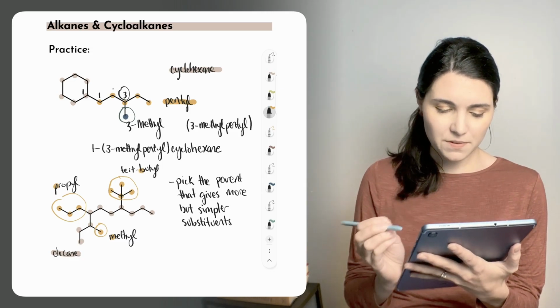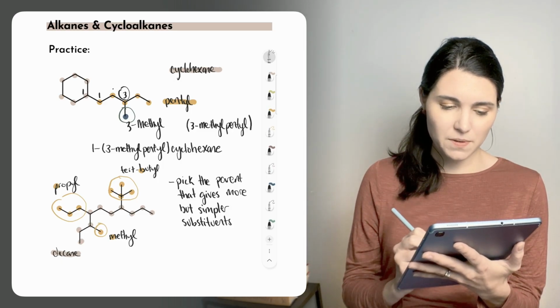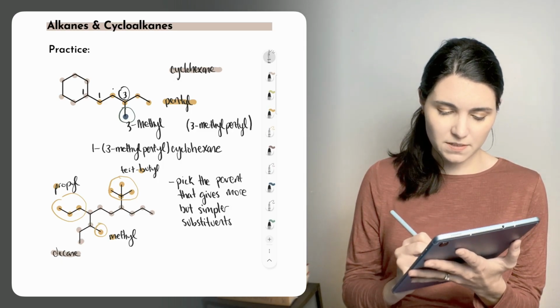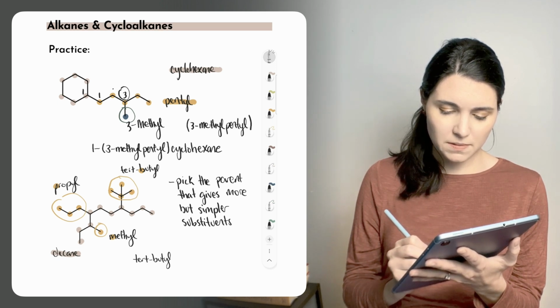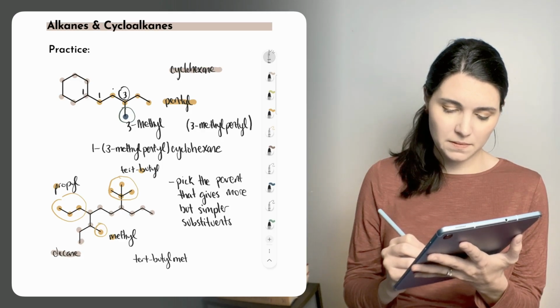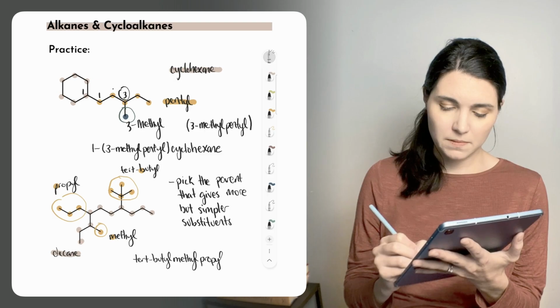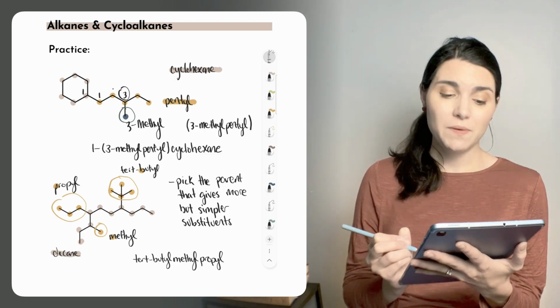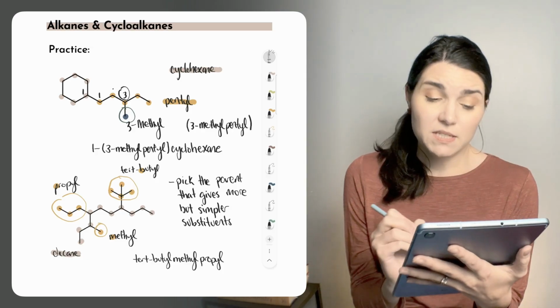I've highlighted all of those. So now we're going to arrange our substituents in alphabetical order. So B comes first, tert butyl, and then M for methyl, and then P for propyl. And then we are going to assign locants. So I'm just going to do it the quick way.